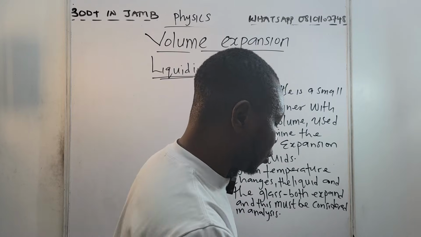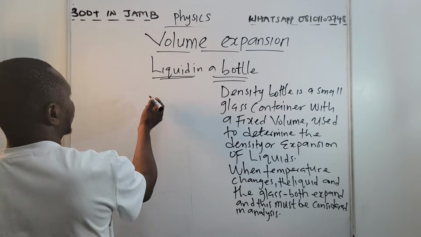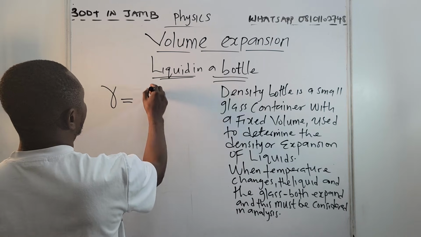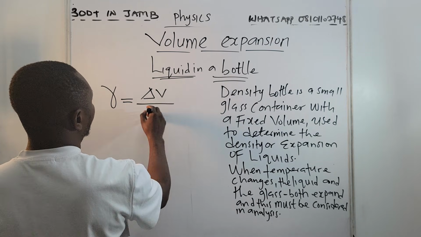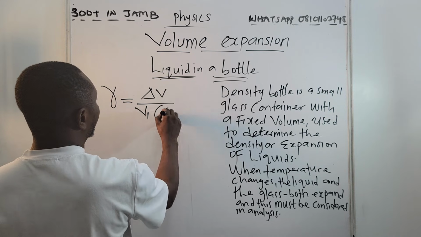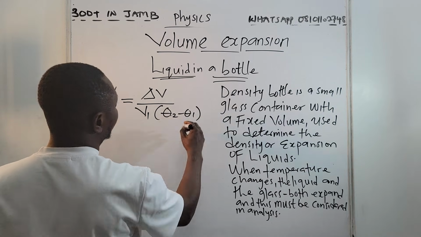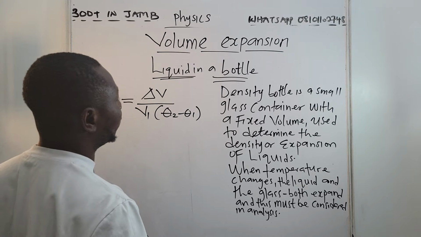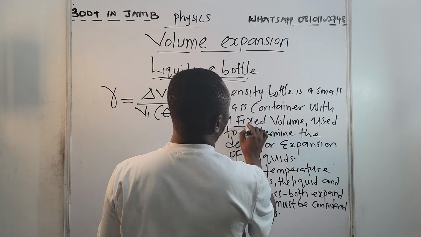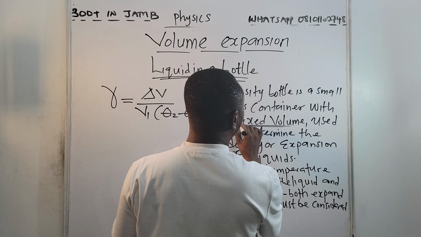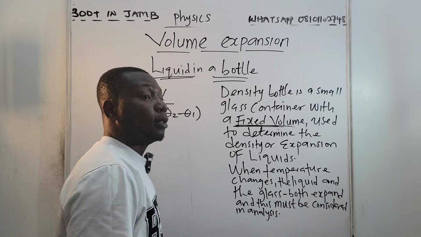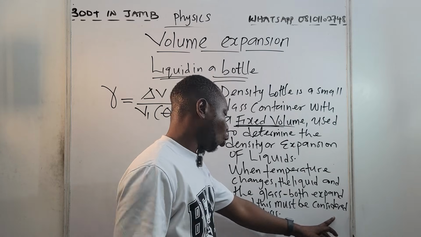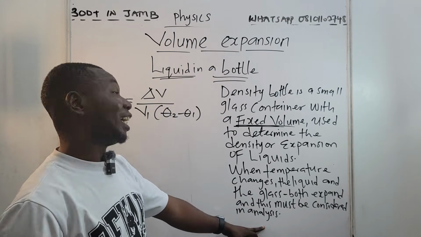Normally we know that the volume expansivity is change in volume over original volume times theta 2 minus theta 1. Now we are saying that there's a fixed volume. So if there's a fixed volume, that means the fixed volume is considered in the analysis.